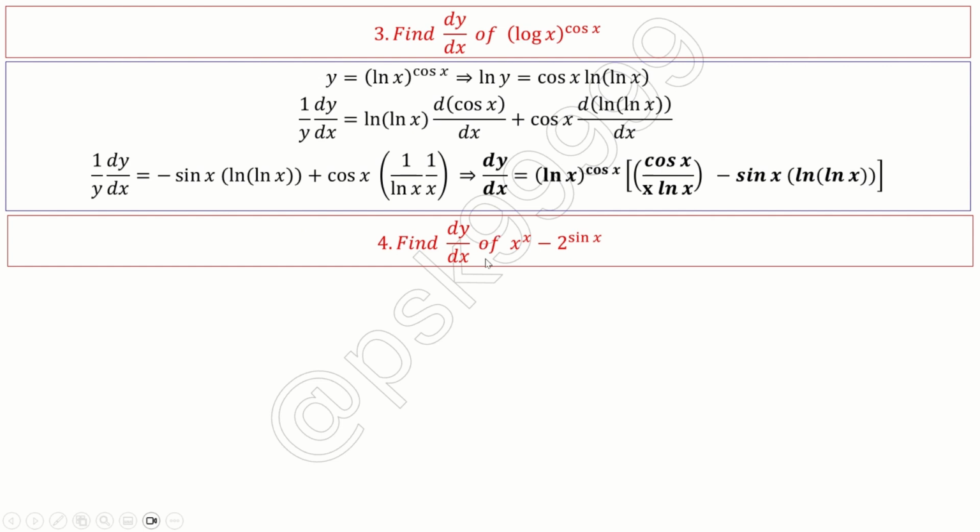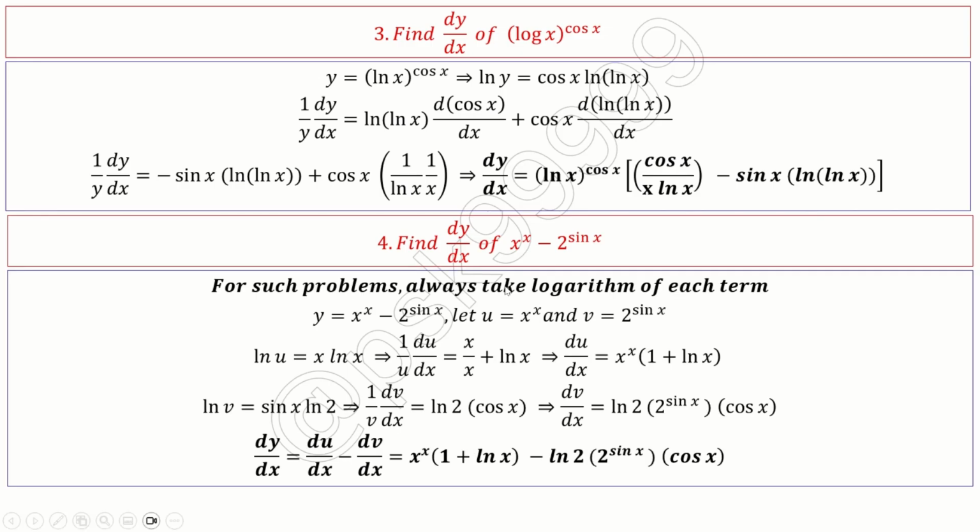I will consider this as g of x and this as h of x, then take separate differentiation. We know that differentiation of u plus or minus v is differentiation of u plus or minus differentiation of v. Same way we'll do.